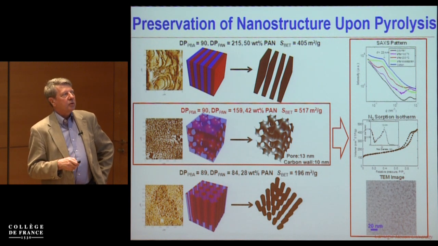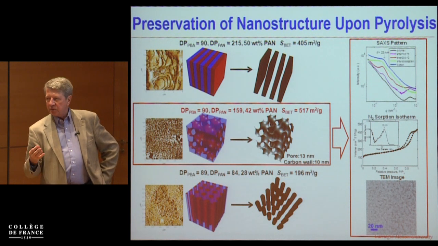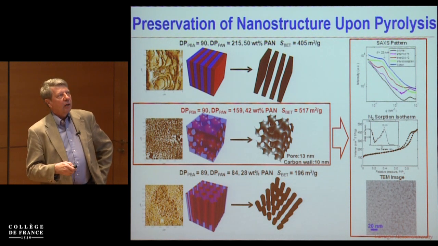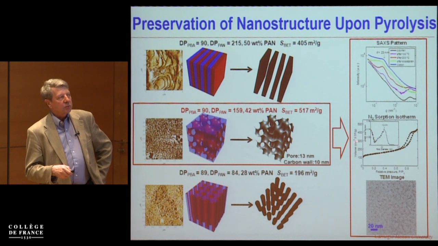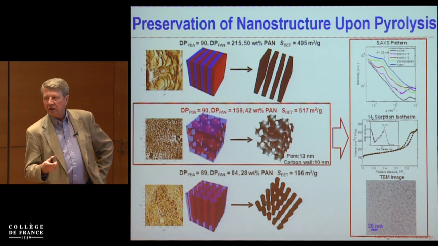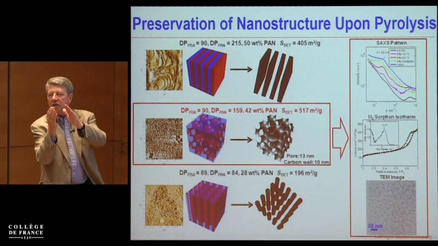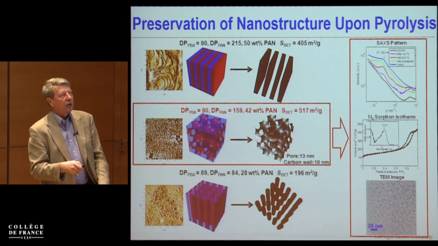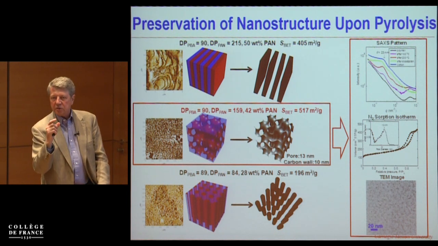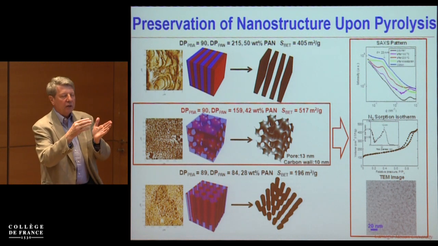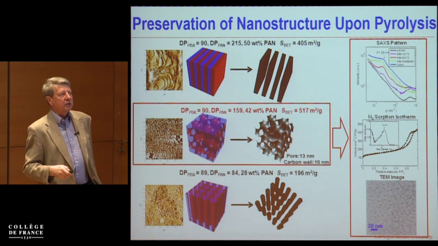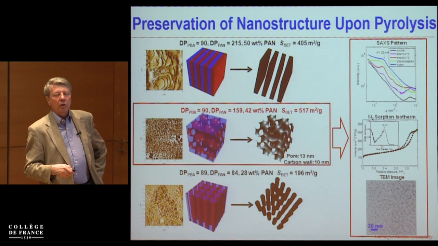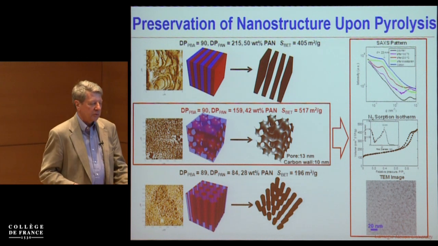This would be around 42% of polyacrylonitrile. Very large surface area is still preserved, 500 square meters per gram. From small angle X-ray, you could see a period of 23 nanometers, and from the nitrogen sorption, 13 nanometers pore size. So it means that I have a 10 nanometer, essentially interconnected structure. So it's a polyacrylonitrile, eventually with these nitrogen atoms at the edges of the carbon wall of a thickness of only 10 nanometers.